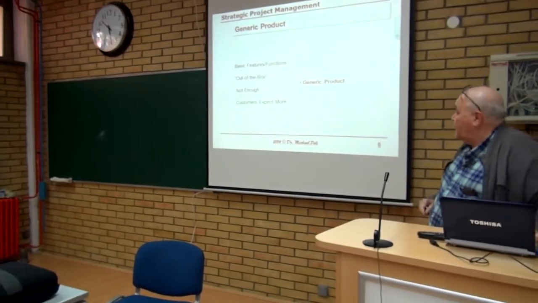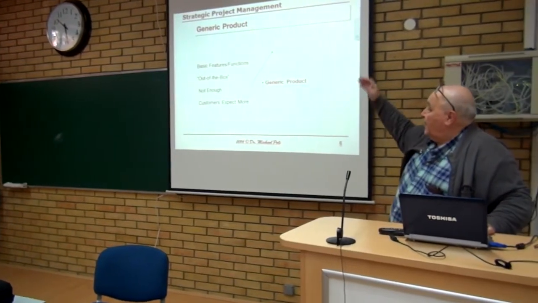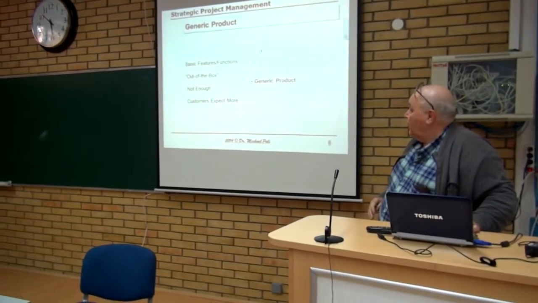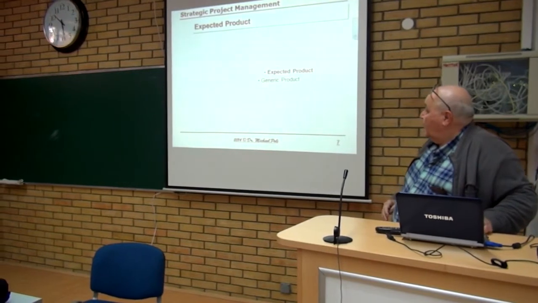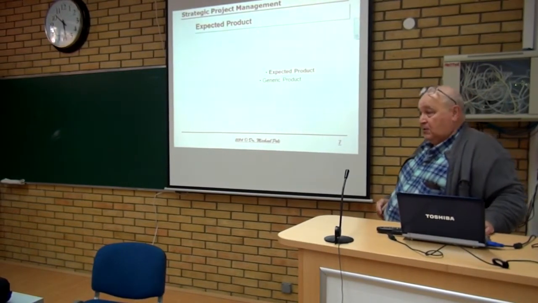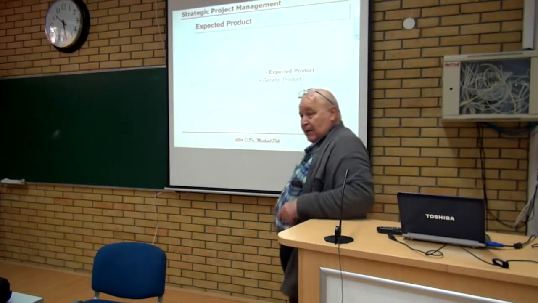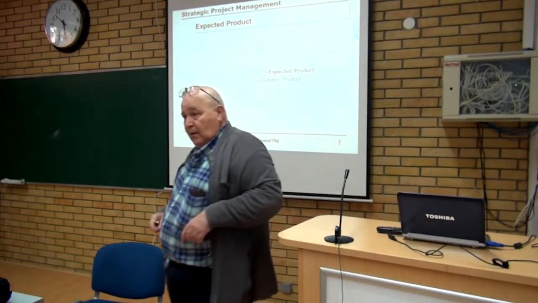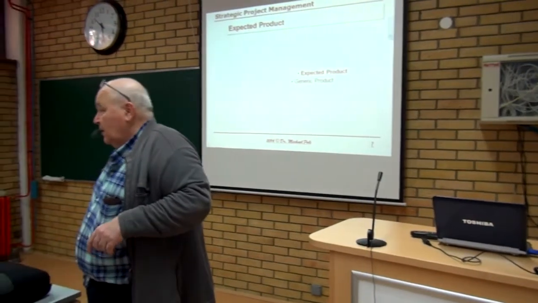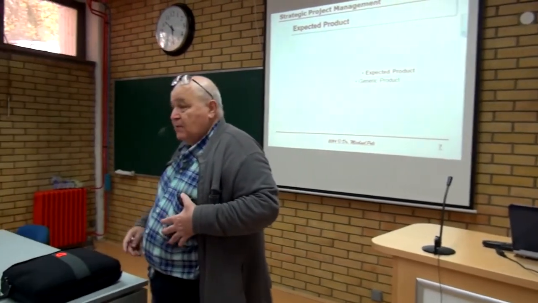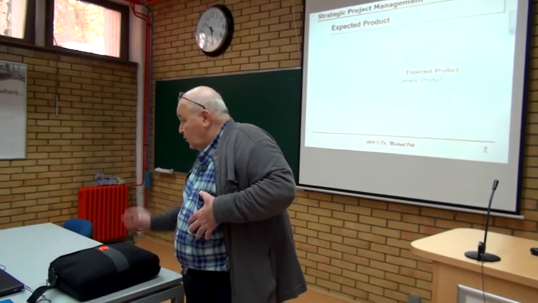So we have to do what? We have to go beyond this point, and we have to provide the customer what they expected. What did my son expect? A car with batteries. What did I expect in terms of the printer? USB and toner.